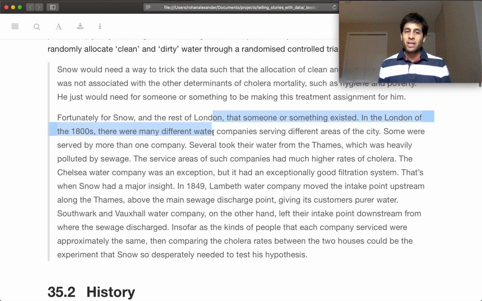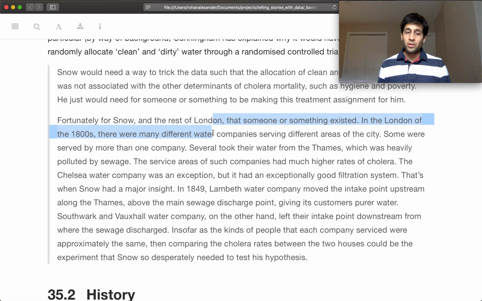And so in the case of cholera and Jon Snow, the example that Scott talks about is in the City of London. There were a whole bunch of different companies that were providing water. It's not like these days where there's just one company who provides water. There was a whole bunch of different ones. And they got their water from different parts of the Thames, which was very, very dirty.